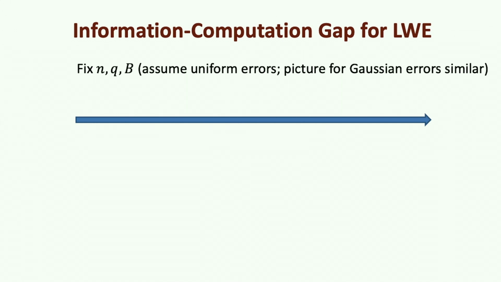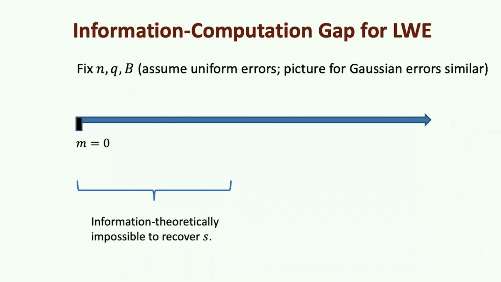And of course, this problem is so close to statistical problems that there's an information computation gap here, right? So let me fix the dimension of the secret, the modulus, and the error distribution, which is uniform in some interval minus B to B. And let me see what happens when you increase the number of equations. Of course, if I give you no equations, the secret is not determined at all, and I'm being ridiculous asking you to find a secret.